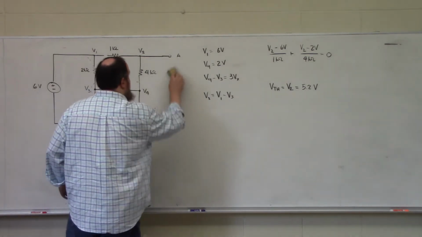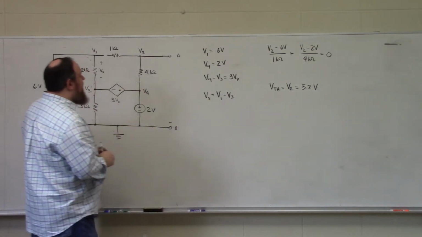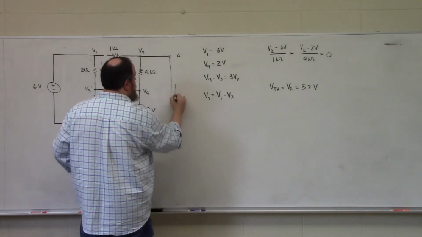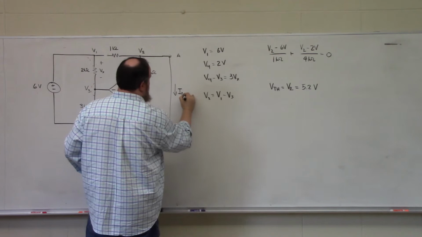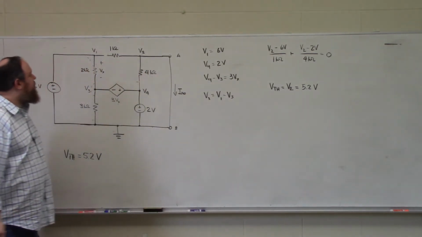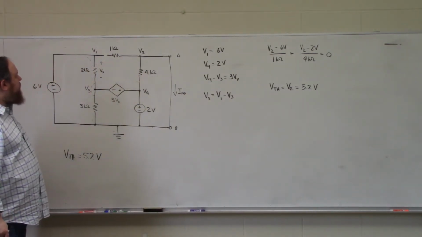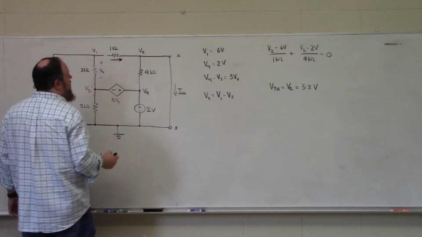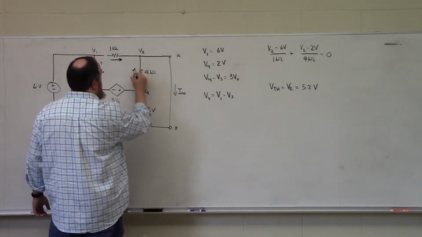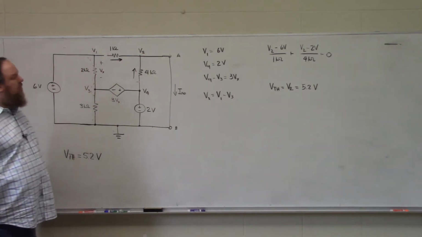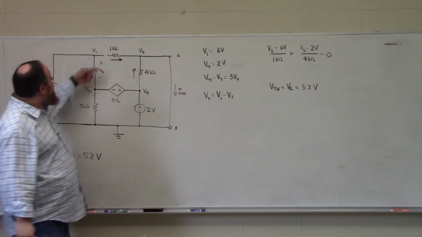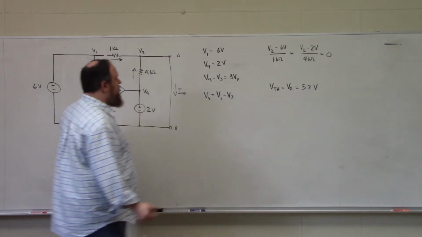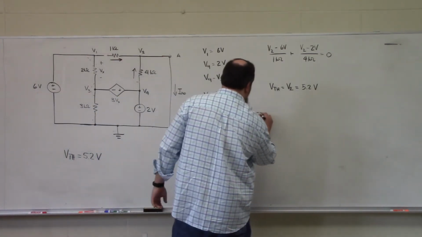Our Norton current is, by definition, the current that flows through a short circuit we place across terminals A and B. That will be the sum of this current plus this current, according to Kirchhoff's current law. These two currents flow in, I Norton flows out.